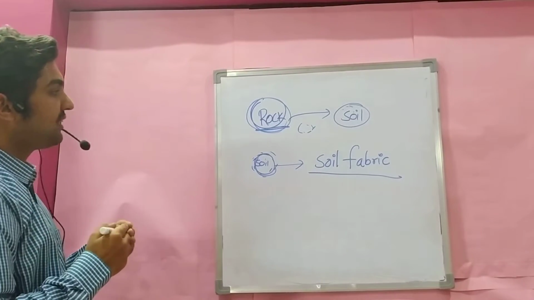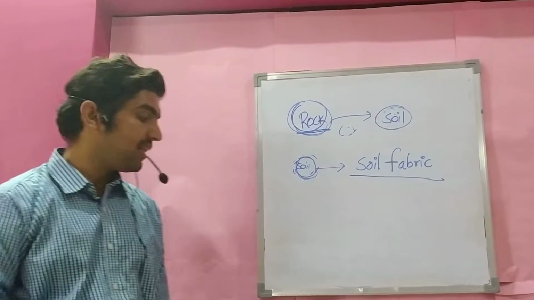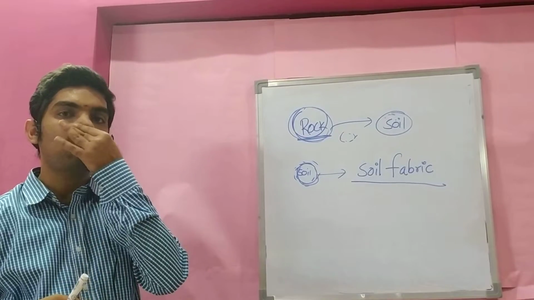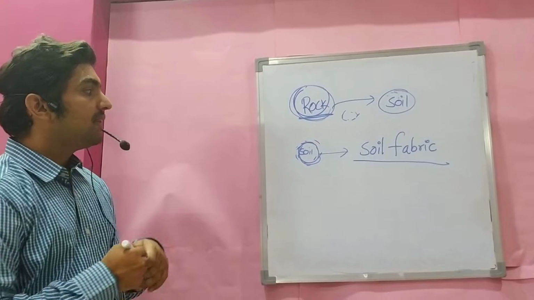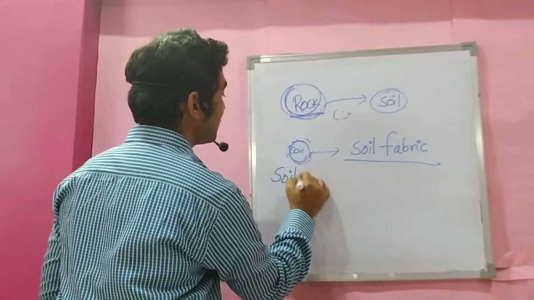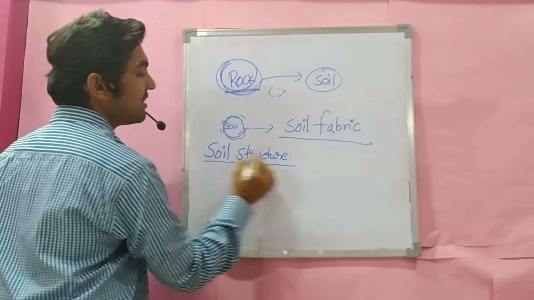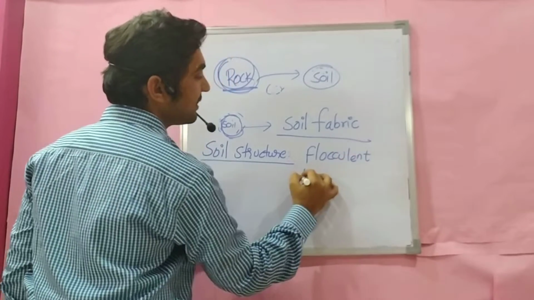So this deposition of the soil also depends upon the environment. Earlier we have seen, depending on the marine environment, it is called marine soil, marine deposit, on the lacustrine lake deposit, etc. So soil structure says there are two types of major soil structures. One is flocculent structure and second one is dispersed structure.